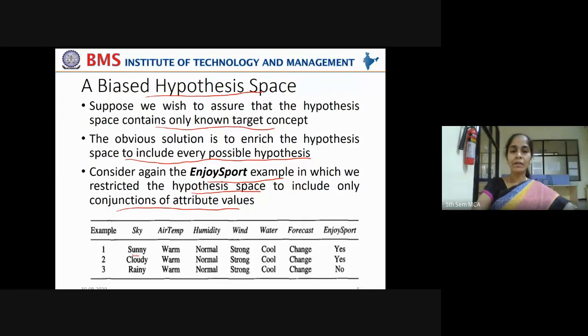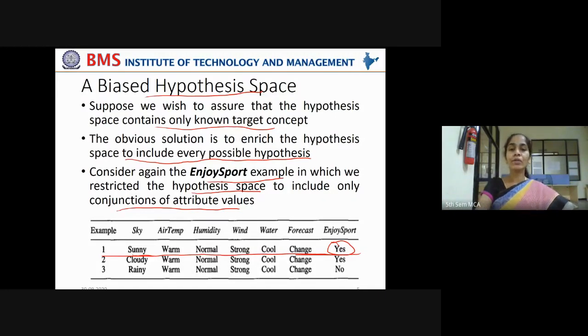For this particular training example 1, when it is sunny and warm and normal and strong and cool and change, only then is it predicted as S. So what is the restriction we have put on the hypothesis space?